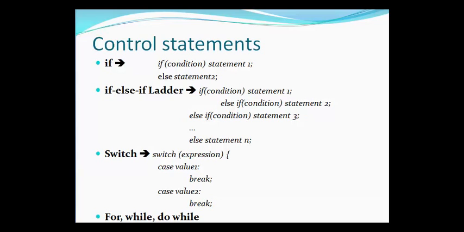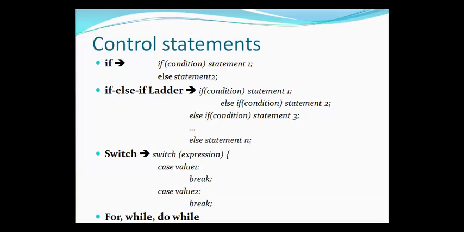A nested if is an if statement that is the target of another if or else. In the if else if ladder, we can see we have multiple conditions with statements. And then we come to switch. The switch statement is a multi-way branch statement. It often provides a better alternative than a large series of if else if statements. Here we can see the general form of a switch statement, in which we have the switch, case value 1, break, case value 2, break.